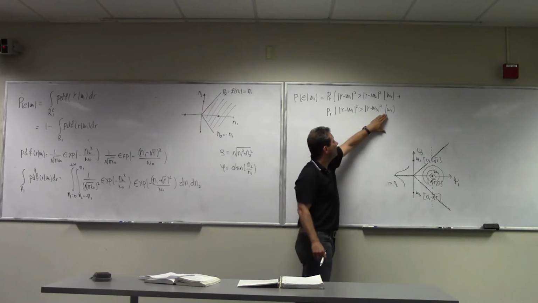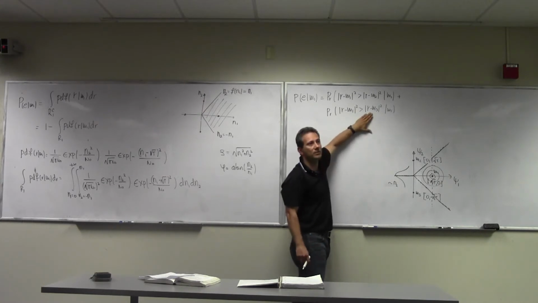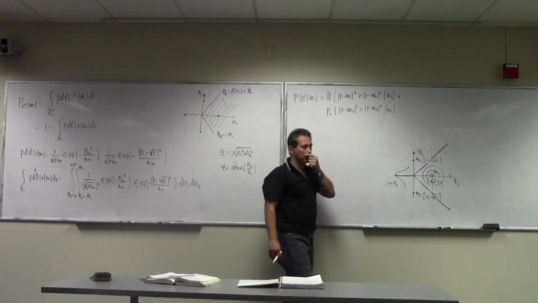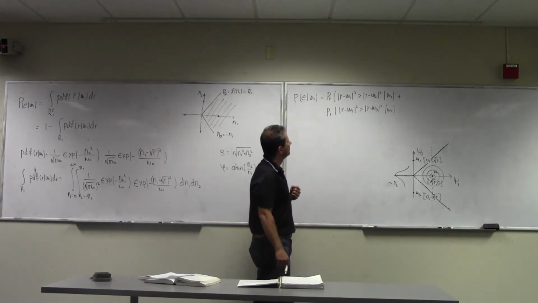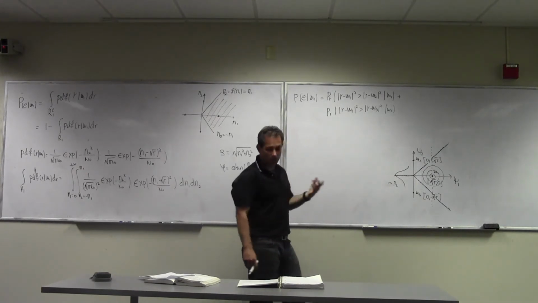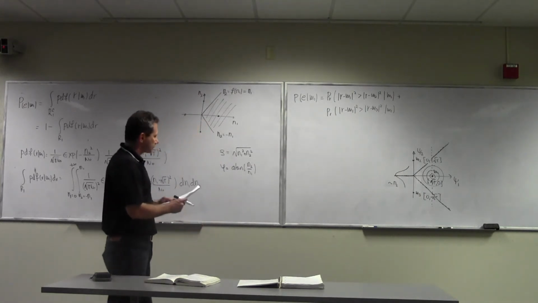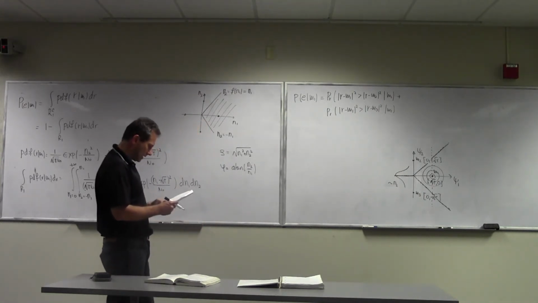Or I send M1 and I'm somehow closer to M3. Either one of these events will give me an erroneous interpretation. So let's calculate.